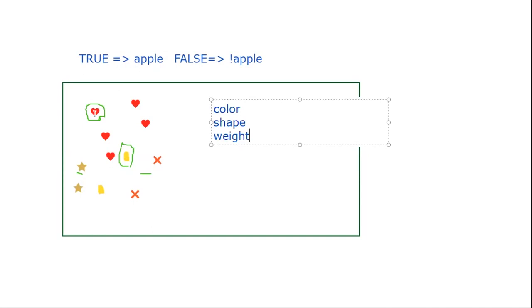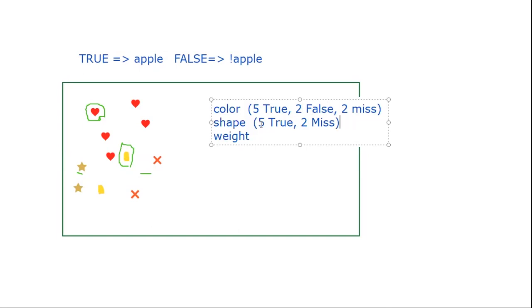Now if I choose color as the attribute, I can see there are 5 red color apples and 2 red color items that are not apple. If I choose red as the true color of an apple, I will choose 5 apples, I will miss 2 apples which are actually yellow, and I will falsely select 2 crosses which are not apple.